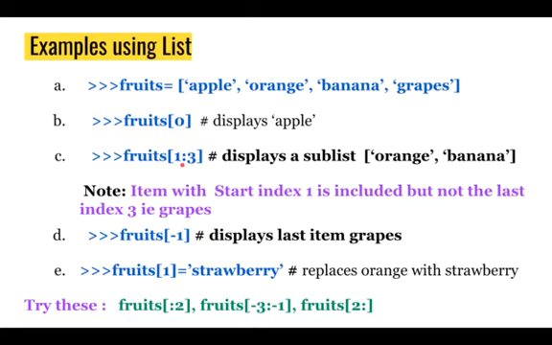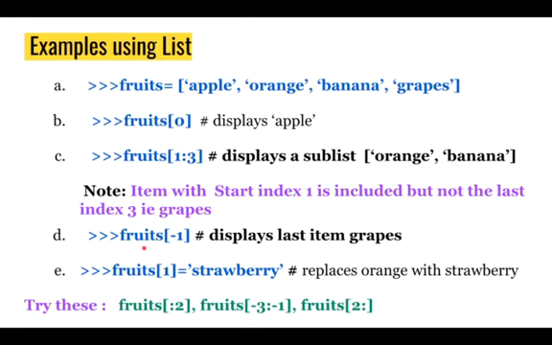So the second index is 2, which is banana. And the last index is 3, which is not included in the list. So, note this point: the item with the start index is included, but not the last index. So, grapes is excluded from the list. Only orange and banana are included.